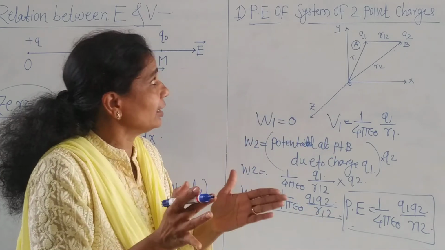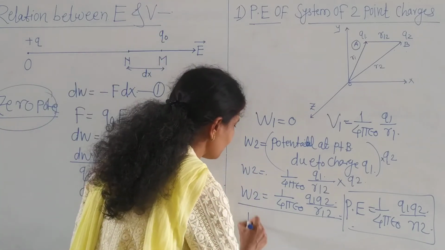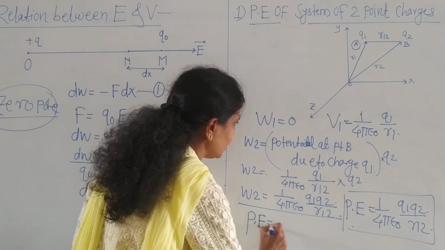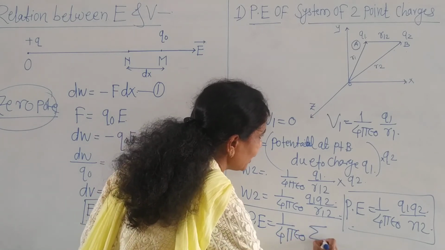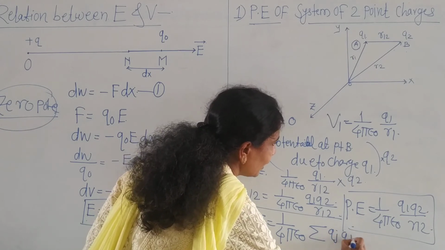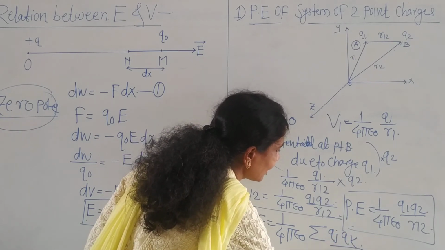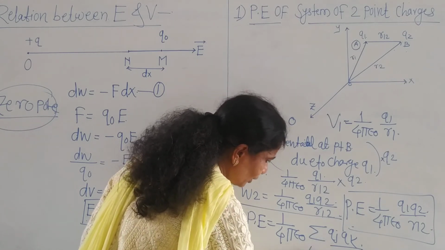The potential energy of the system of n point charges becomes 1 upon 4 pi epsilon 0 summation of Qj Qk upon Rjk over all pairs.